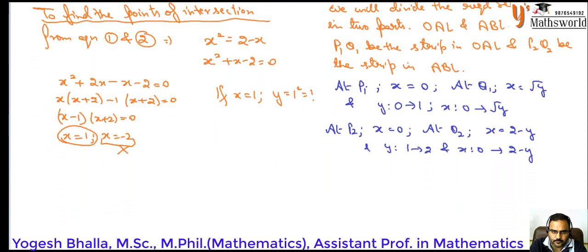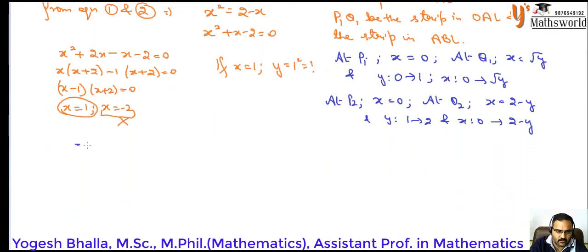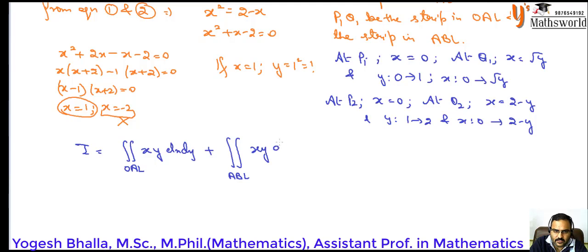Now the given integral comes out as the surface integral over the region OAL of xy dx dy plus the double integral over the region ABL of xy dx dy.